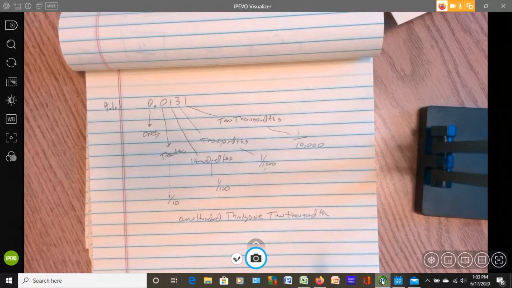Now let me go back to the pad just for a second. I don't want to confuse you, but let's play pretend. Let's pretend that this numerical amount ended at that 3. What would that be? Tenths, hundredths, thousandths. That would be 13 thousandths.